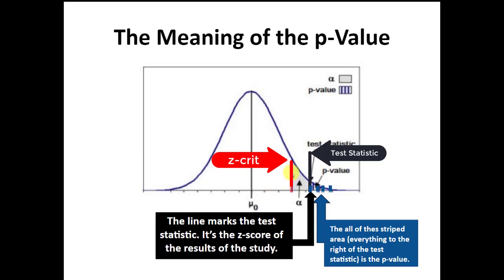Okay? If the first is true, that your test statistic surpasses your z-crit and your p-value is smaller than your alpha, this is sufficient evidence that you can reject the null hypothesis of no difference.